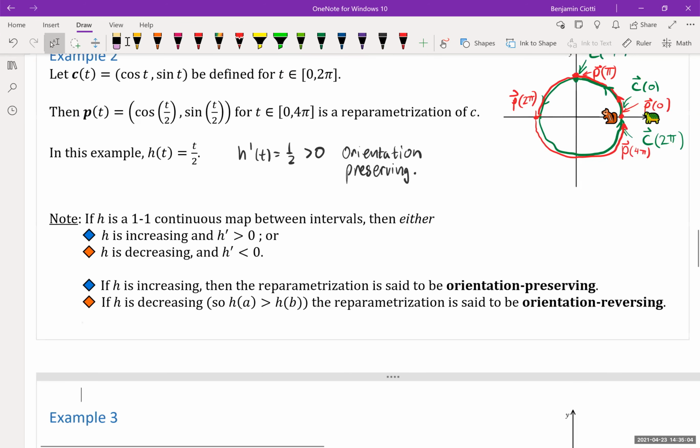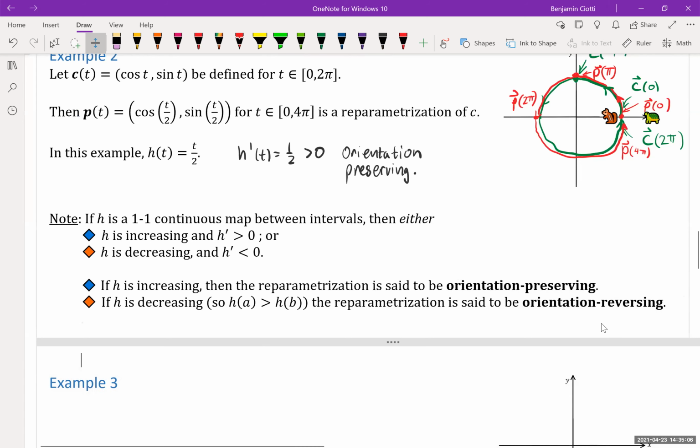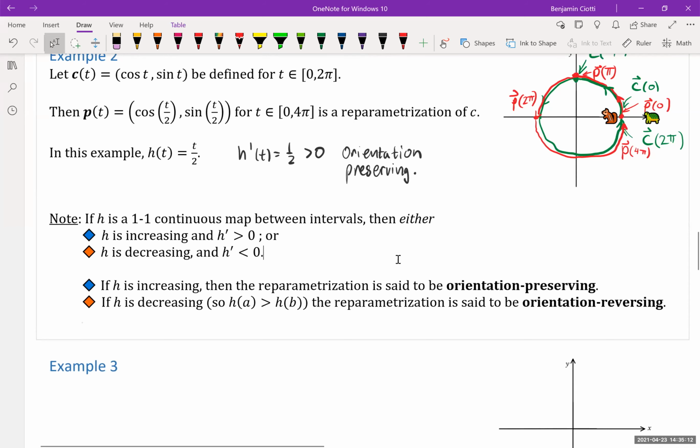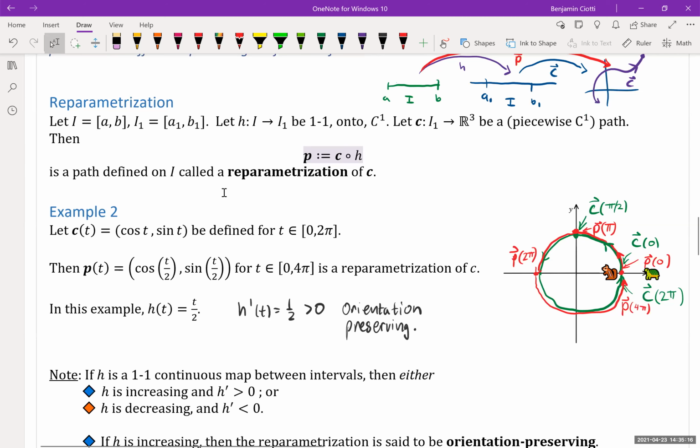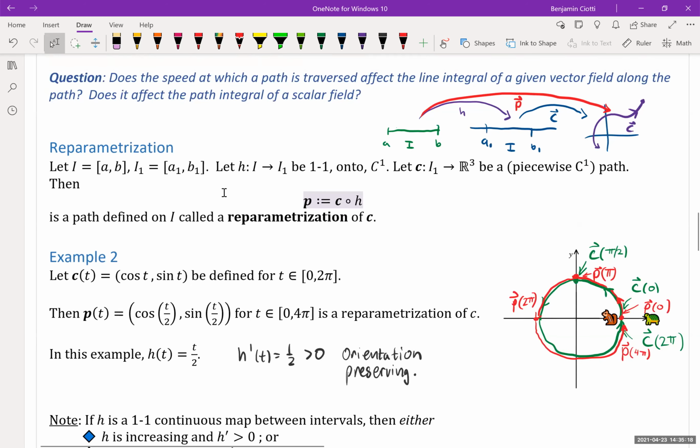Can I ask a question about the example we were just doing? Mhm. Like we said, h is supposed to be a function from I to I1. So I in this case would be 0 to 4 pi, and I1 would be 0 to 2 pi.